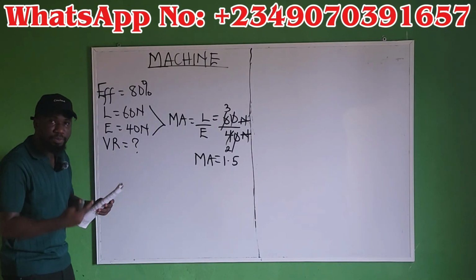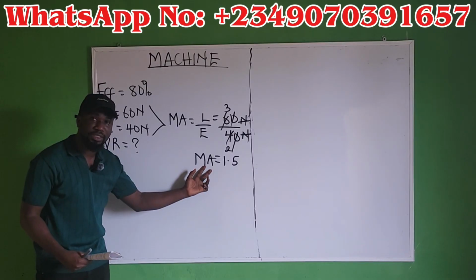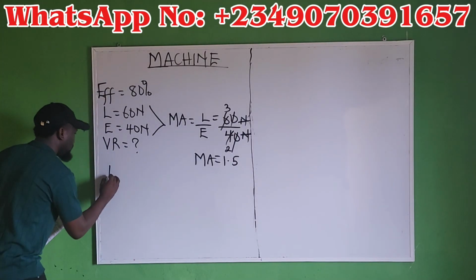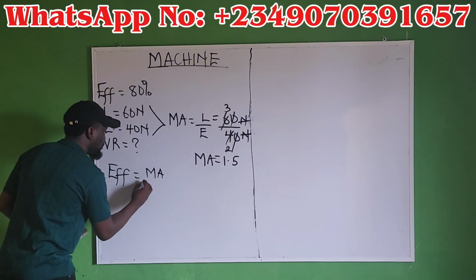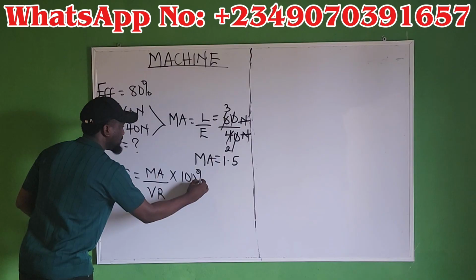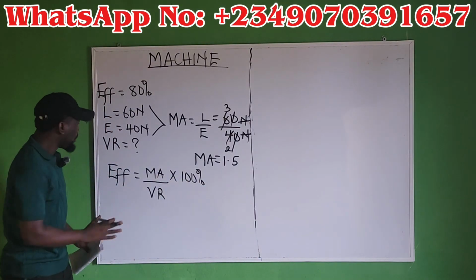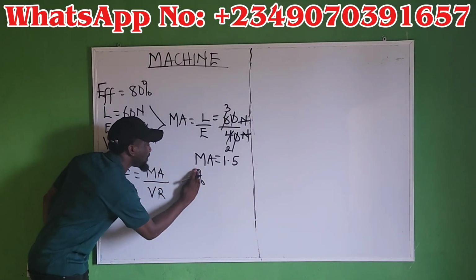So what is the formula that connects efficiency, velocity ratio, and mechanical advantage? Efficiency is equal to mechanical advantage over velocity ratio multiplied by 100%. But because I want to solve this question, I don't need this 100%.